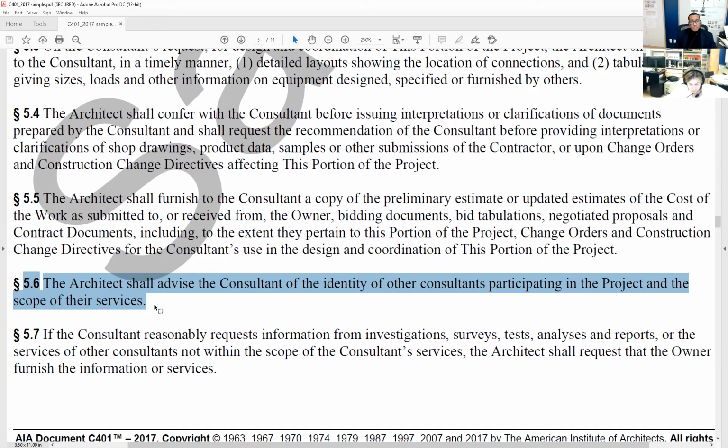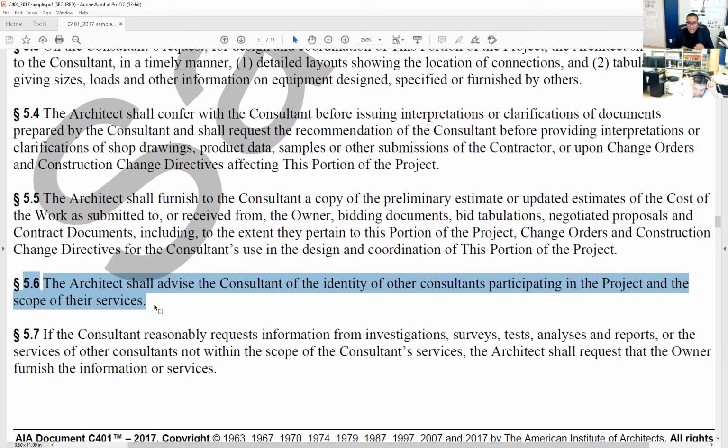And sometimes it's things like, well, the owner has hired a separate consultant for all of the swimming pool plumbing. You are the plumbing engineer for the whole house. You're going to get water into the building, into the property, into everything. The civil engineer is involved, right? I'm already mentioning two consultants. One is the swimming pool plumbing consultant. One is the plumbing engineer that will be doing the plumbing for the whole house, and one is the civil engineer that will be sizing the pipe that will go into the building.